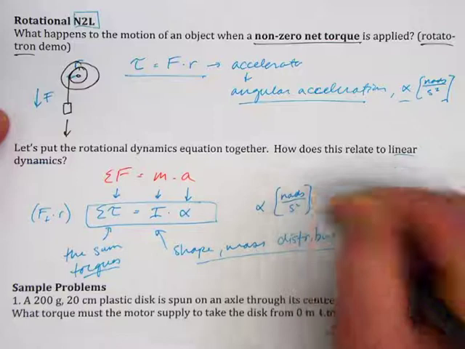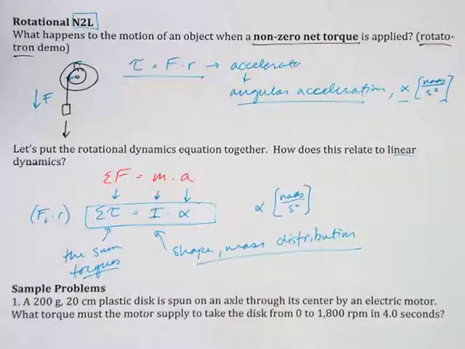And that's the basic fundamentals of rotational dynamics. In the problem-solving process, we're going to follow a similar approach to what we did before. We're just going to look at it from a rotational point of view.